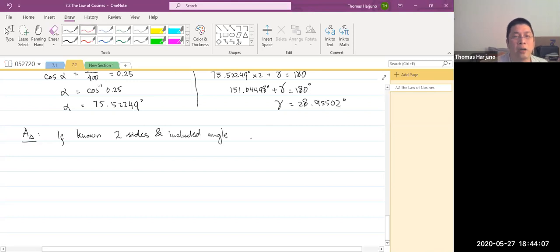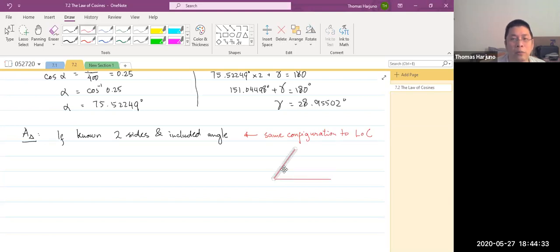Notice that this is the same configuration as the law of cosines, at which you have two sides and included angle.